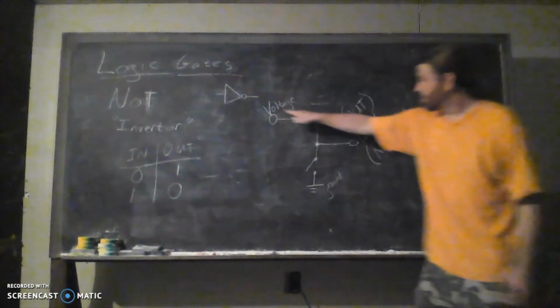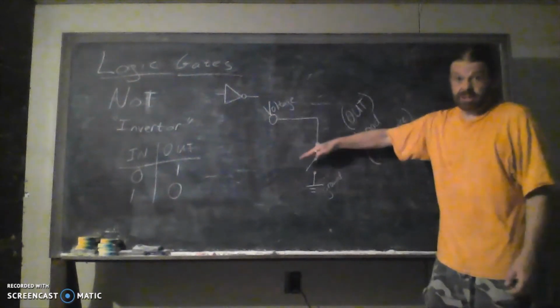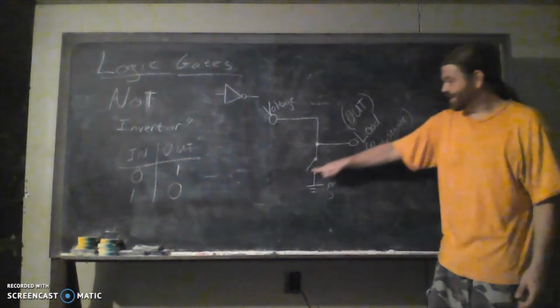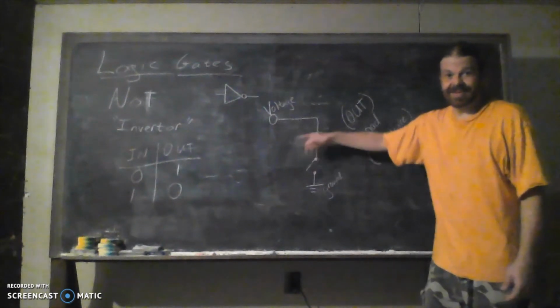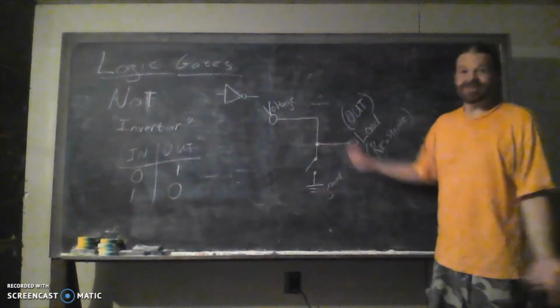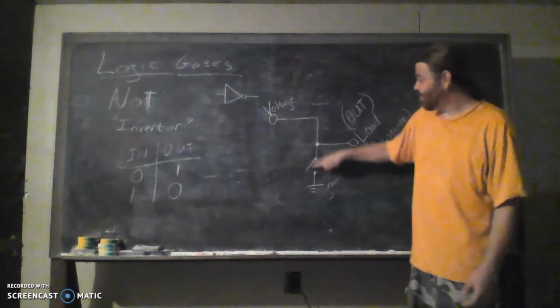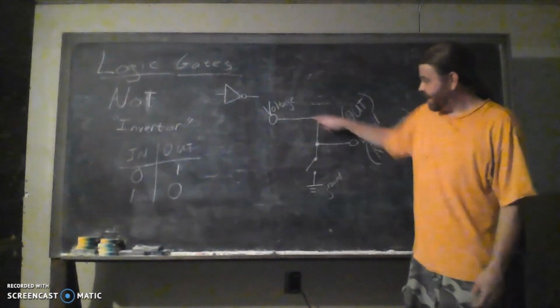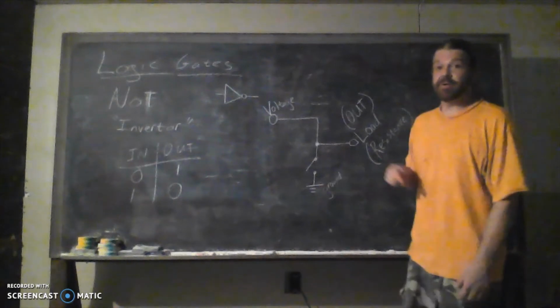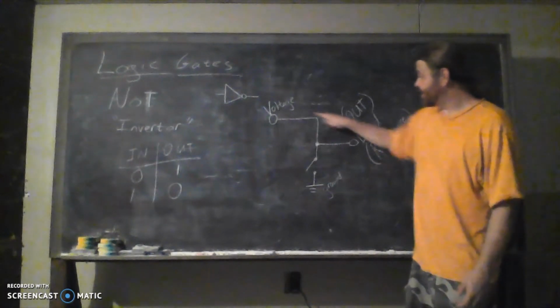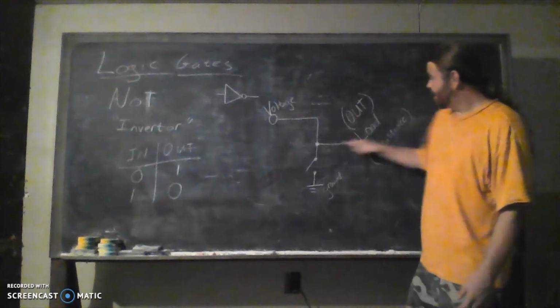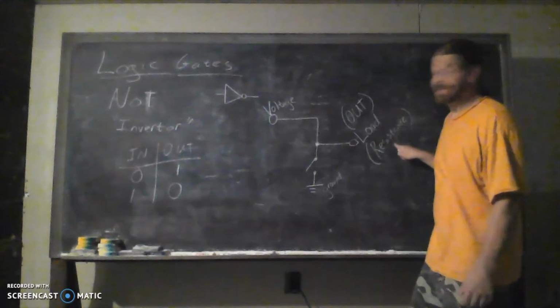So when the switch is open, which is off, you can see from the picture the wire's not touching. The switch is open, the current can't flow through here and get to ground. So the only thing the electricity can do is flow through our load, which has a bunch of resistance.